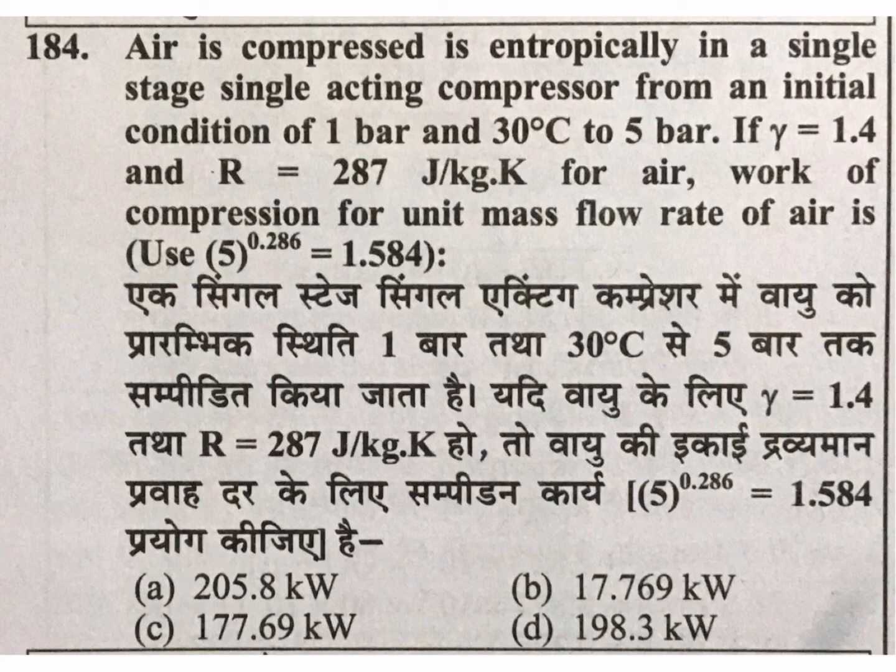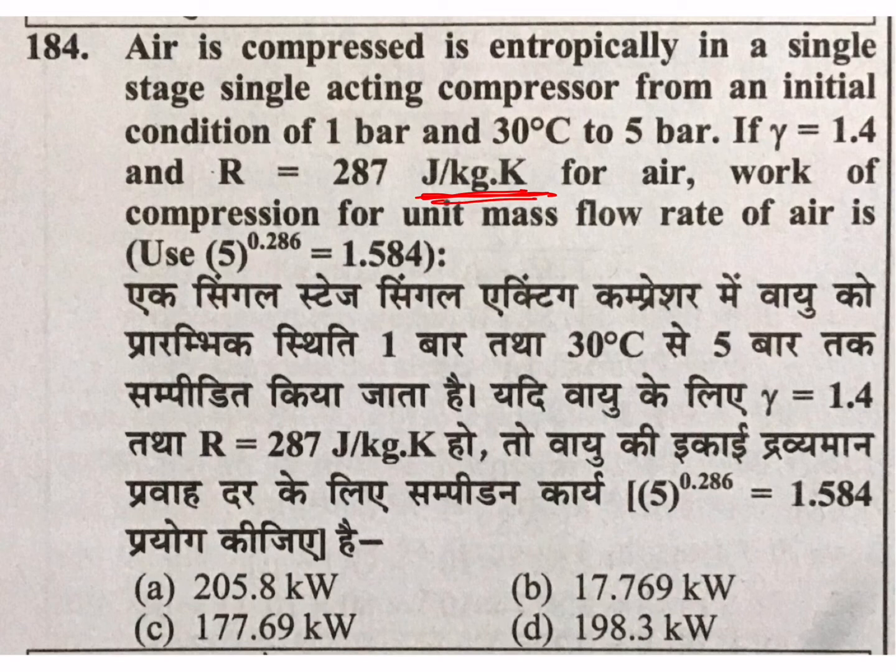Then next question. Air is compressed isentropically in a single stage, single acting compressor from an initial condition of 1 bar, so P1 equal to 1 bar and T1 equal to 30 degree centigrade, to 5 bar, P2 equal to 5 bar. Gamma value given 1.4, R value also given 287 joule per kg Kelvin. Sometimes they ask this unit also, so you have to remember this unit.